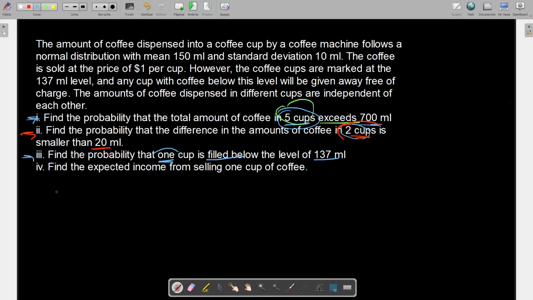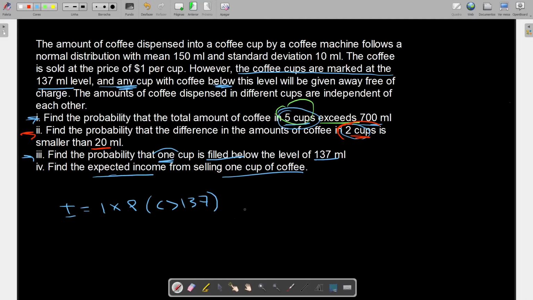For the last one, you are asked to find the expected income from selling 1 cup of coffee. And we know from the initial statement that the coffee cups are marked at 137 milliliter level, and any cup below this level will be given away for free. So the expected income, let's name it as I, is 1 cup times the probability of you selling a cup. So this means that it must be greater than 137.